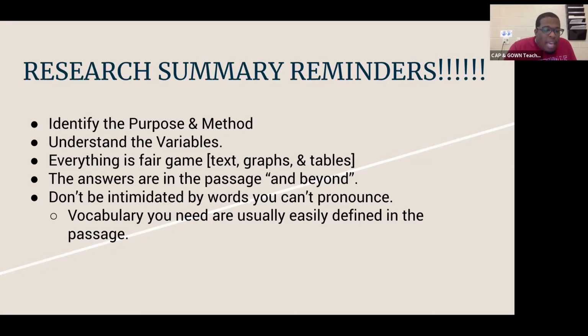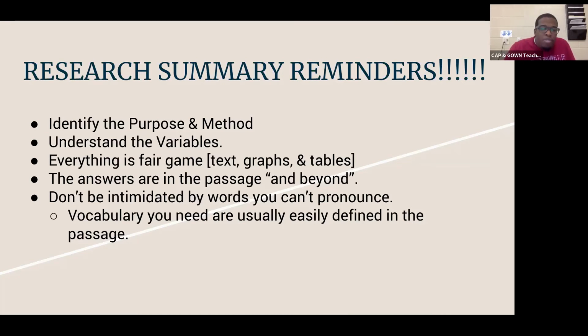So not just the text in the passage, but the graphs and the tables also. Here's a big reminder. The answers are in the passage and beyond. So don't feel like every answer is going to come off the top of your head. It's there in the passage, or it is there in the graphs and the tables.